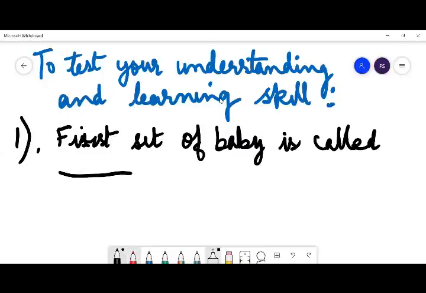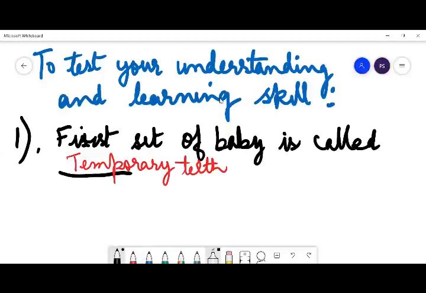Do you remember? It is termed as temporary teeth. And it is also known by the name of milk teeth, and the number of temporary teeth is 20.